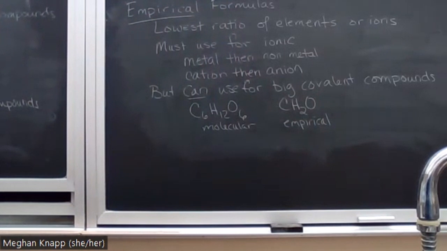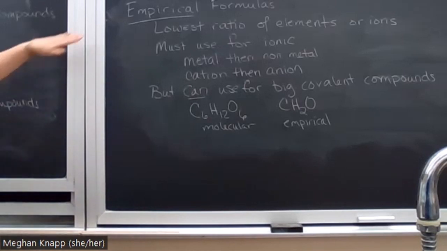So why might we do this? Sometimes if we have an unknown compound, we actually don't know what the molecule looks like, and it's easier to figure out what the ratio of the atoms are than to figure out which atoms are in a molecule. So there is a certain kind of analysis we'll talk about probably next week that we can use to figure out these ratios, but we wouldn't necessarily know how big the molecule was.